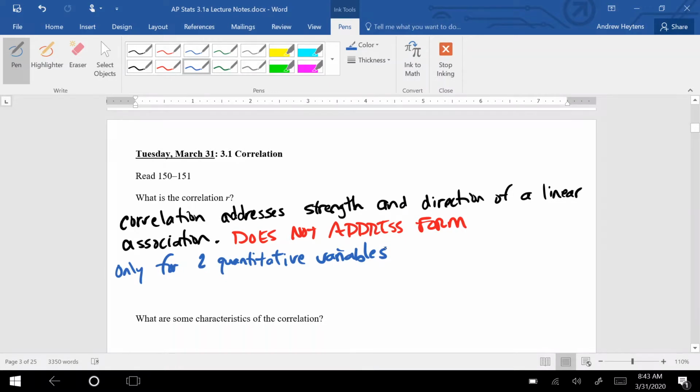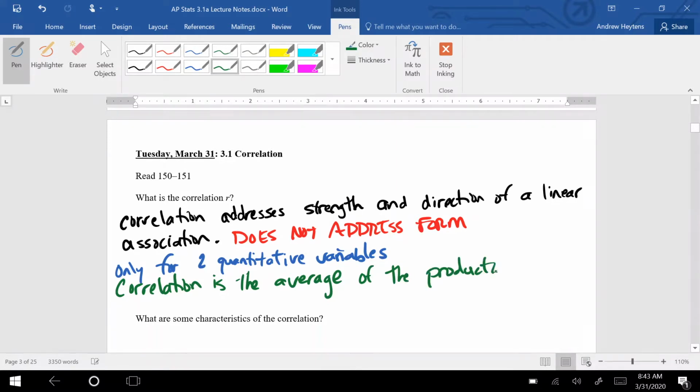My overall definition here is: correlation is the average of the products of the standardized scores.